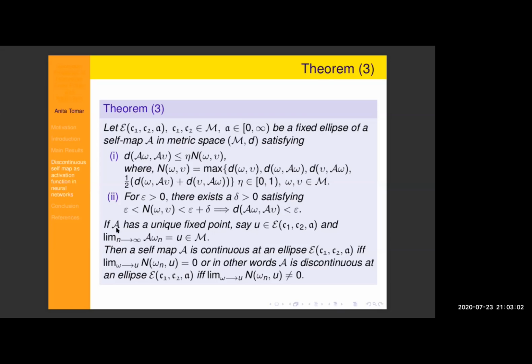Then if A has a unique fixed point, say U, which belongs to this ellipse, and the limit of A W_n as n tends to infinity is equal to U belonging to M, then the self-map A is continuous at an ellipse if and only if the limit of N(W,U) as W tends to U is equal to 0. Or in other words, A is discontinuous at an ellipse if and only if this limit is not equal to 0.